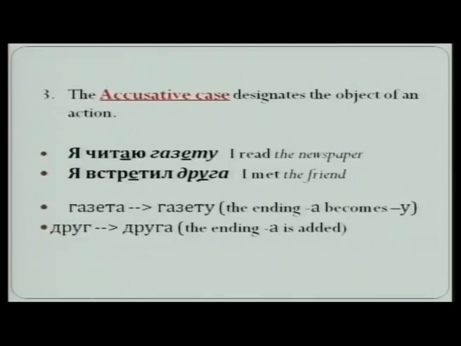If any noun of animate nature has been used as the object of an action, it will be changed into a, like drug changes into druga. Let me repeat it for you. Я читаю газету. Я встретил друга. Here gazeta changes into gazetu and drug changes into druga.